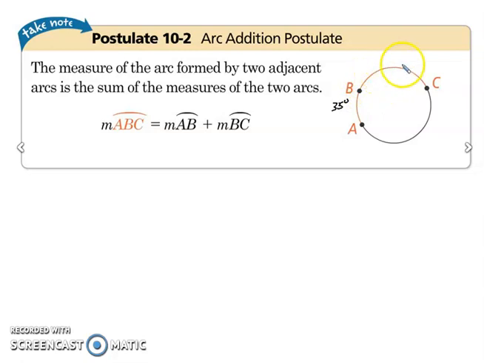And then from B to C, let's say that was 80 degrees. Now I'd be able to measure the arc that goes A, B, C just by adding those together. So I could do that by adding 35 degrees from AB and the 80 degrees from BC, and I think that's going to give us 115 degrees total, which is the sum total of these two arcs right here.